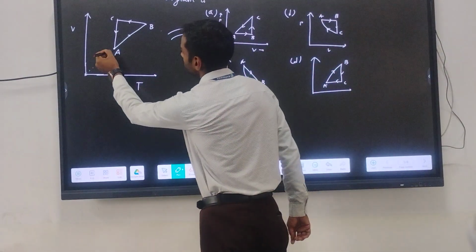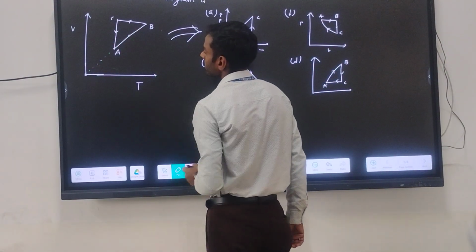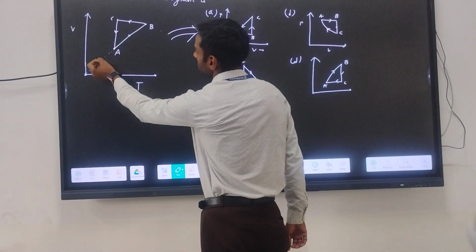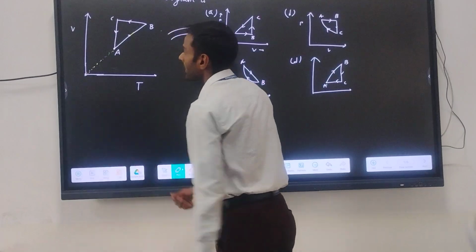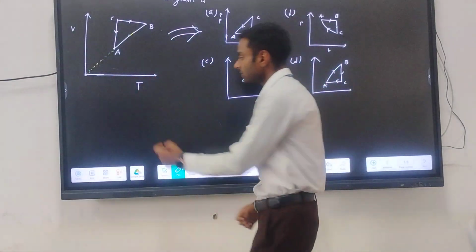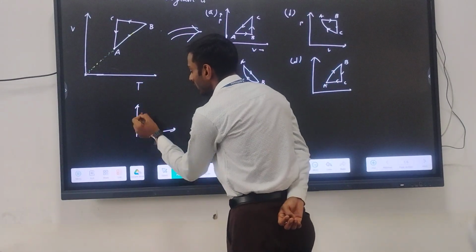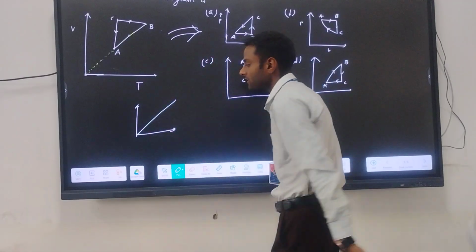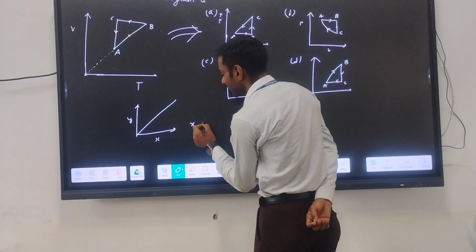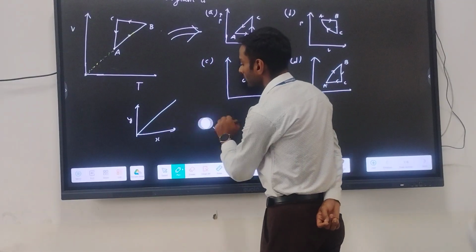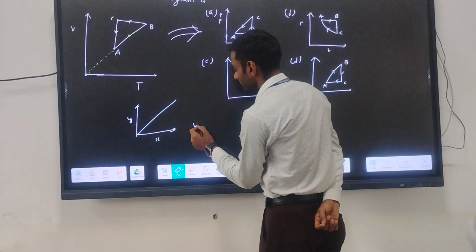So this is a graph A to B. We can see that this A to B, if we extend this, it passes through the origin. It means if a graph is a straight line passing through the origin, then x is directly proportional to y, or y is directly proportional to x.